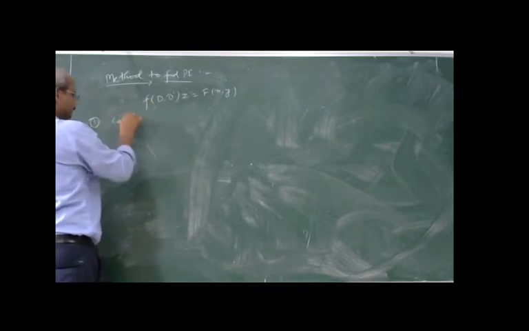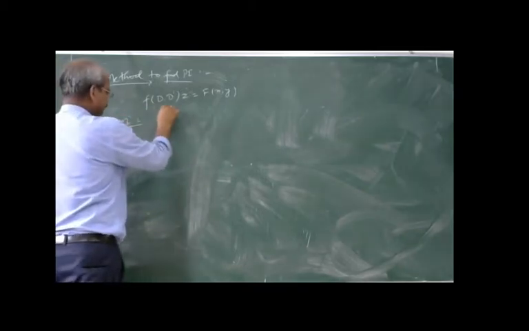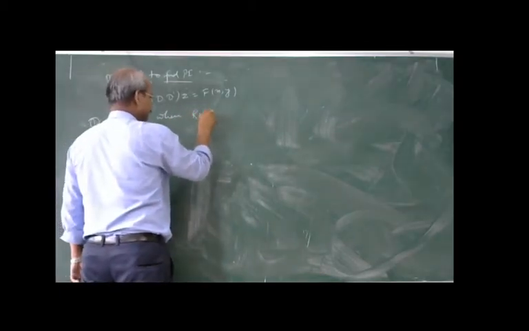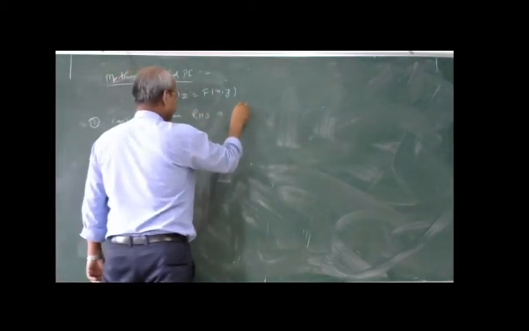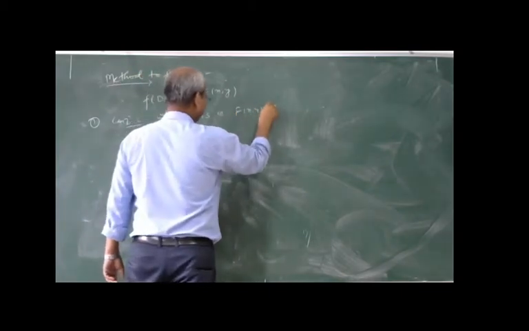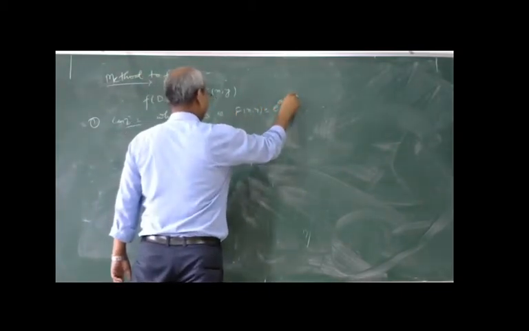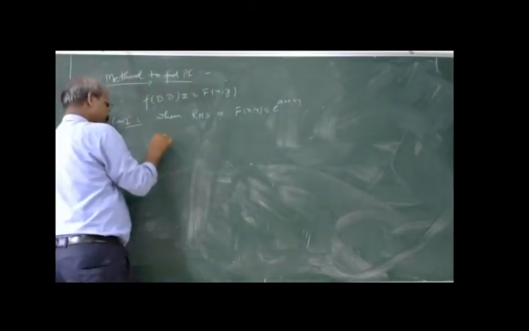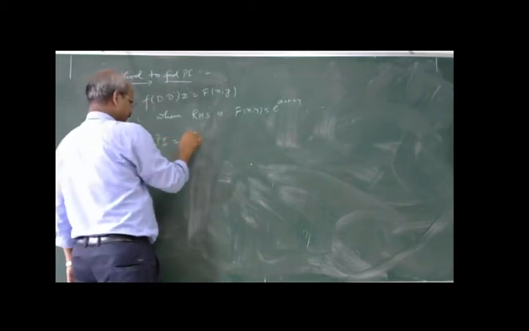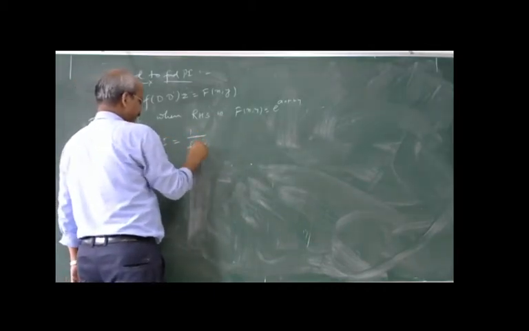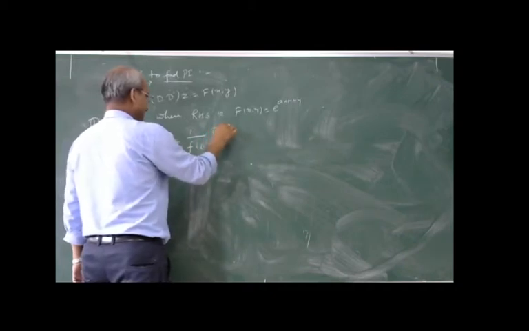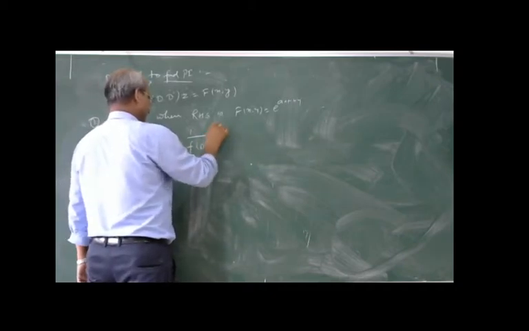Case first, when the right hand side, that is f of x y, is an exponential function e to the power ax plus by. So how to find the PI? PI was 1 upon f of D, D dash times f of x y.